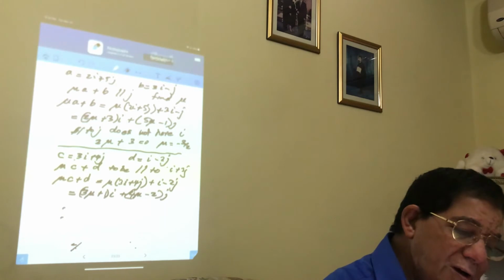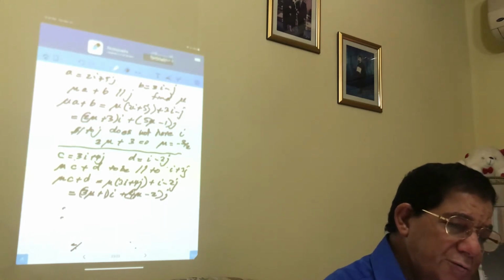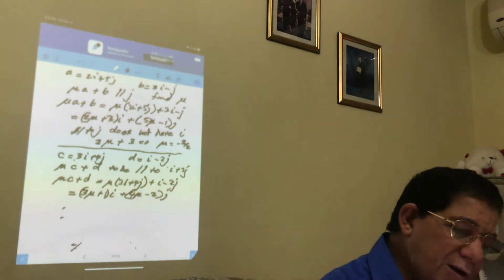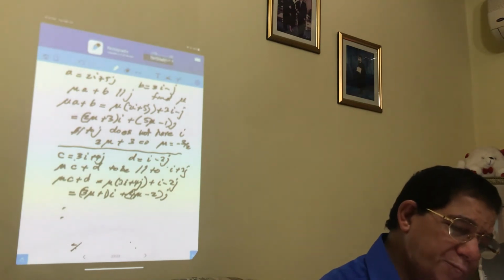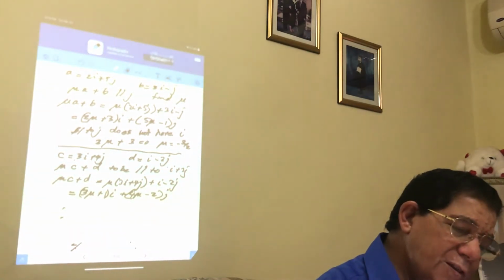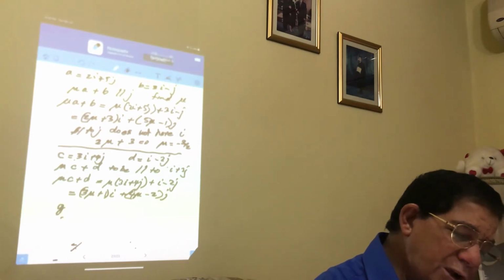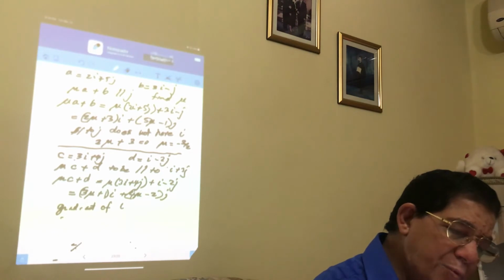Every vector has a direction. A direction, we can say, is a gradient. The gradient of the vector is the j part over the i part. Therefore, this vector and the vector i plus 3j are parallel, so they have the same gradient. What is the gradient of i plus 3j?